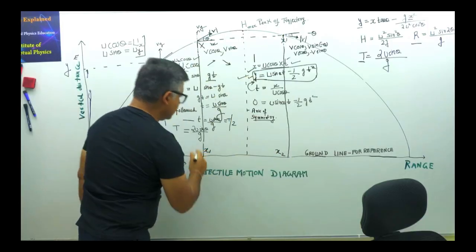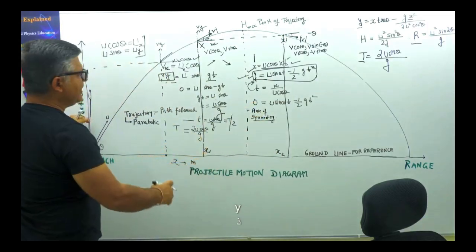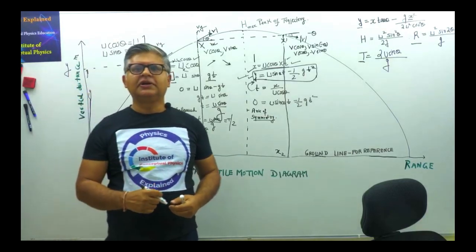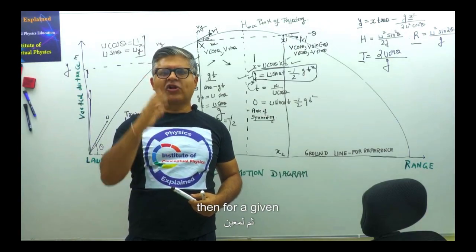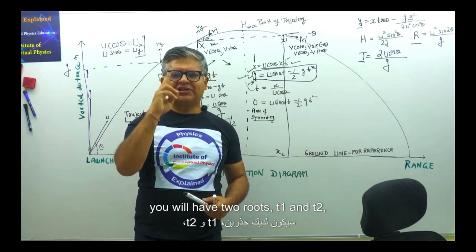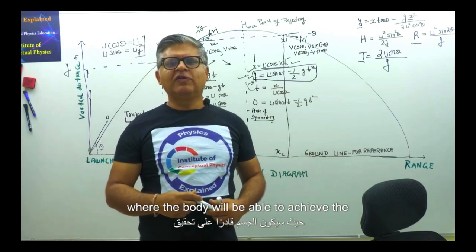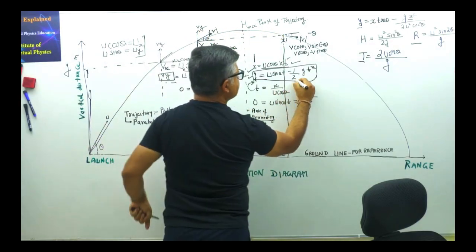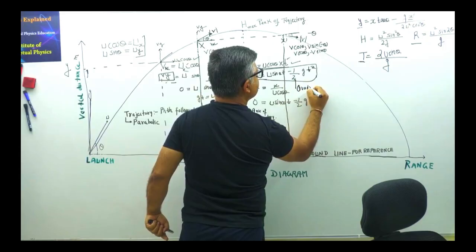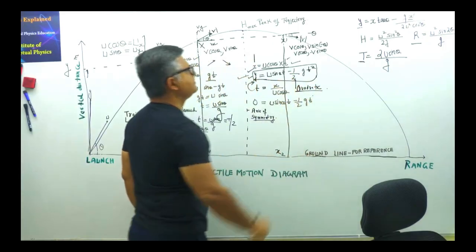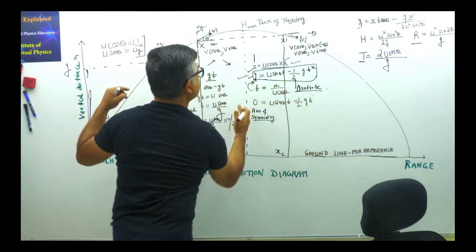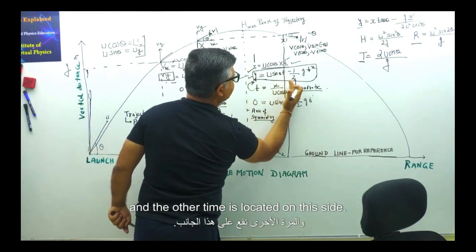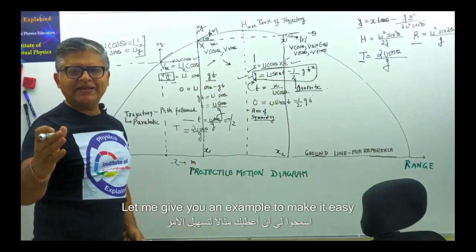Obviously this is not a graph of y and time, but in y-axis motion, for a given y you will have two roots t1 and t2 where the body achieves the same vertical displacement. If you solve this, again a quadratic. One time will be located on this side and the other time on this side. Let me give you an example to make it easy for you.